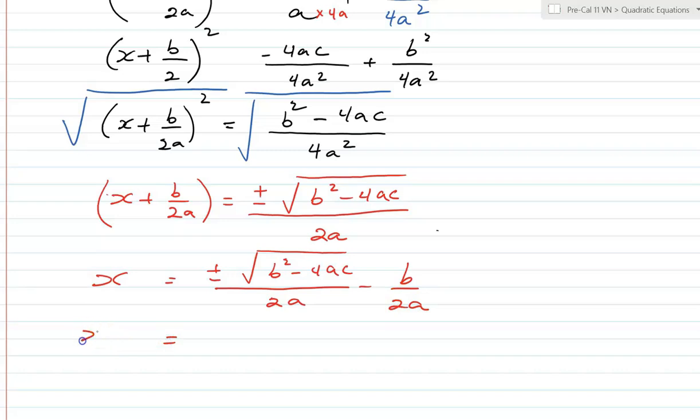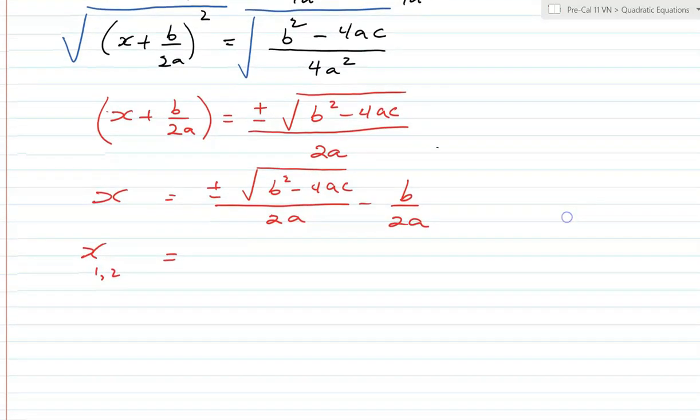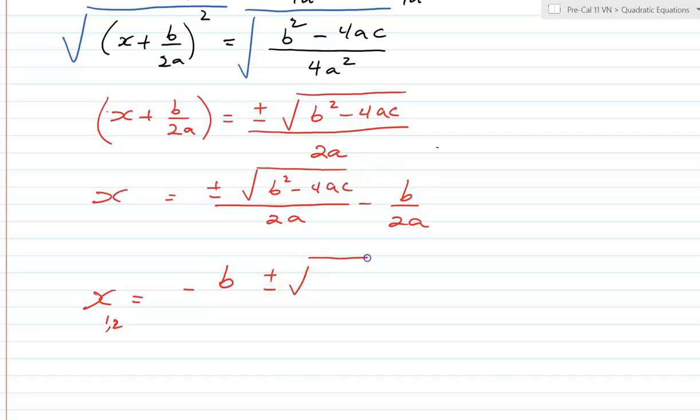And then to show this in a compact form, it becomes minus b, so I'm going to bring the b over, plus or minus the square root of b squared minus 4ac, divided by the lowest common denominator, which will be 2a. I put subscript x1,2, that represents two possible answers.